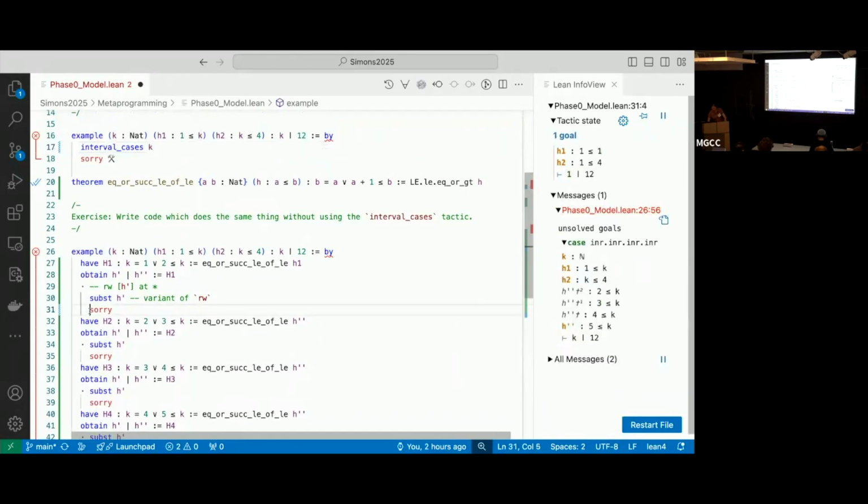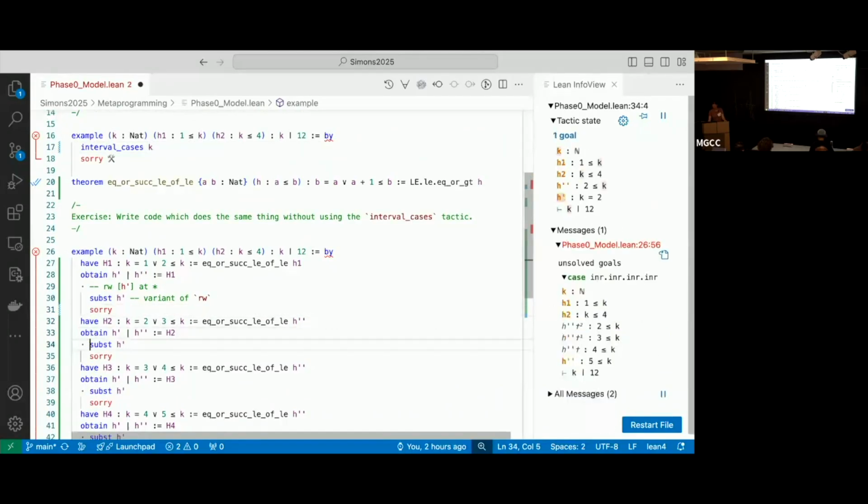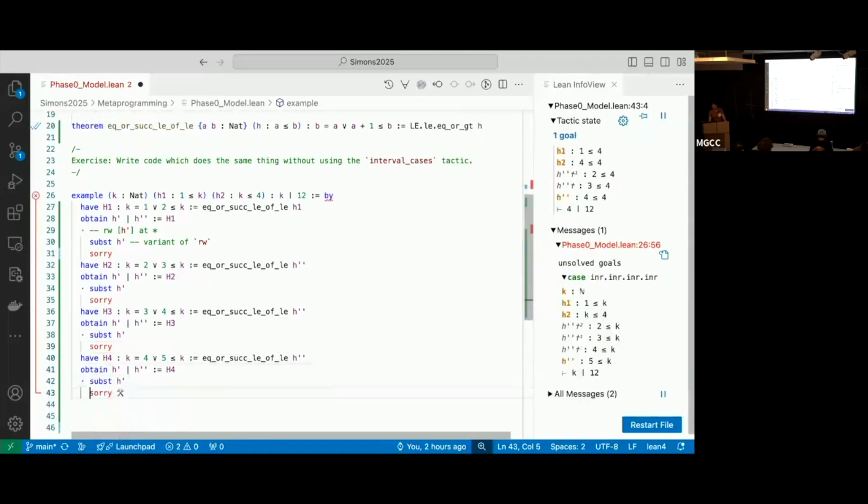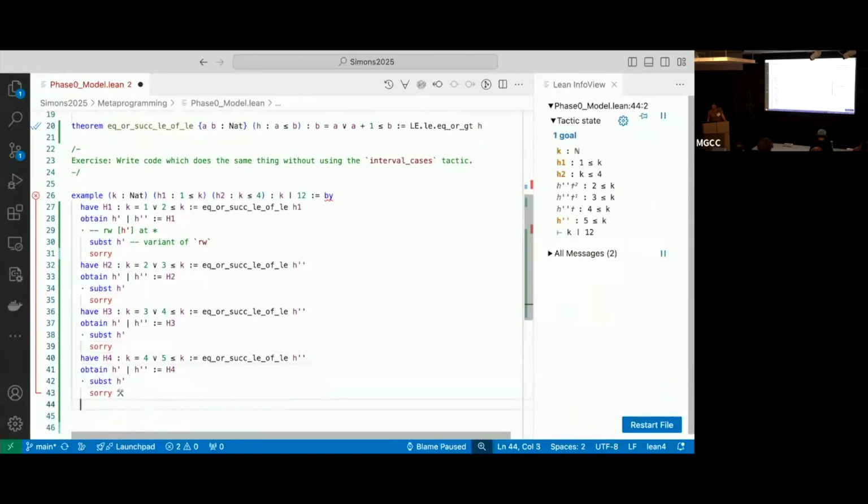So we're doing everything done by interval_cases, but leaving as sorry the steps you do after that. But there's a little bit more, because we now need to do the final step, which is to convince Lean that when you get to the point that K is at least 5, having previously known that K is no more than 4, there's nothing more to do.